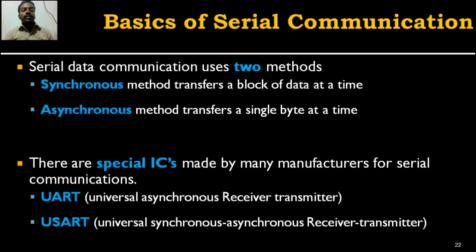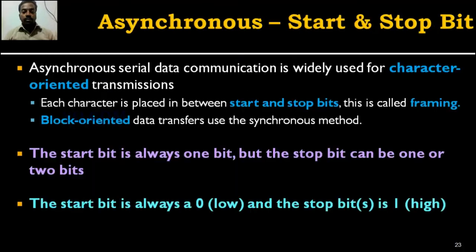There are special ICs made by many manufacturers for serial communication. UART is the universal asynchronous receiver transmitter, which is asynchronous communication. USART means universal synchronous asynchronous receiver transmitter, that is the 8251, already studied. These are some basic ICs introduced by Intel.